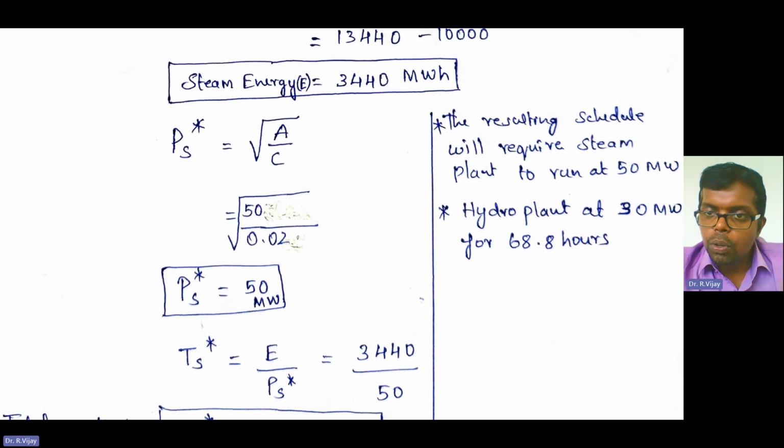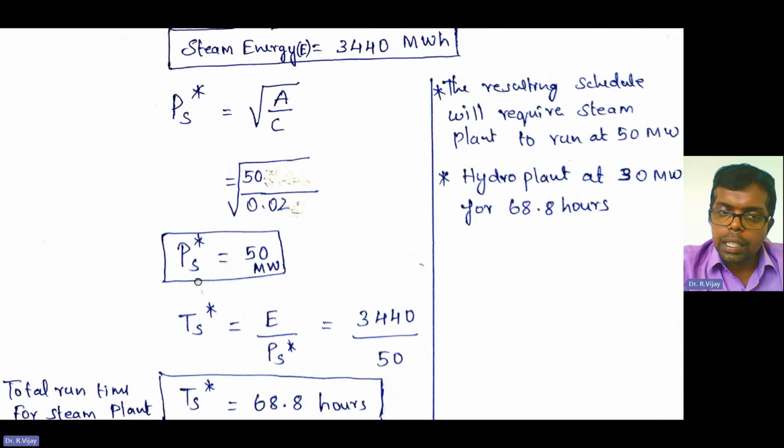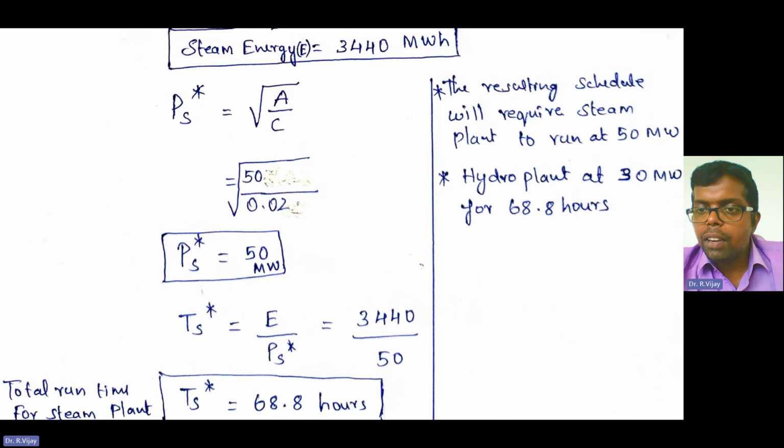The same time only the hydro power plant should run, because this is economic dispatch, since we are doing the optimal scheduling for hydro and thermal power. Once you watch that previous video, which I have given in the description, you can understand clearly. In that we compared, if this is the optimal power generated from the steam, what might be the power generated from the hydro power plant.